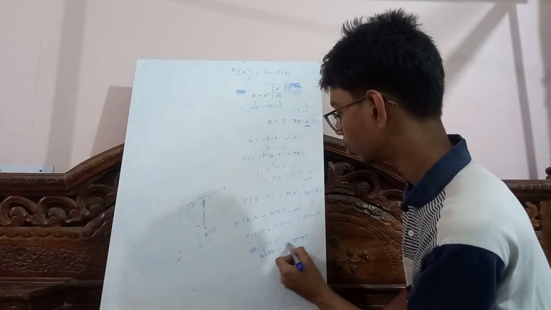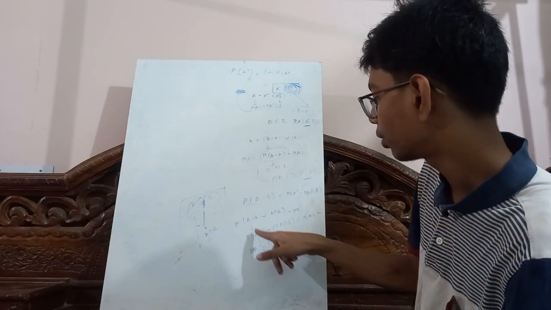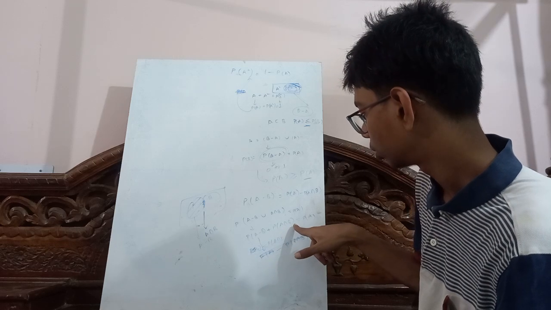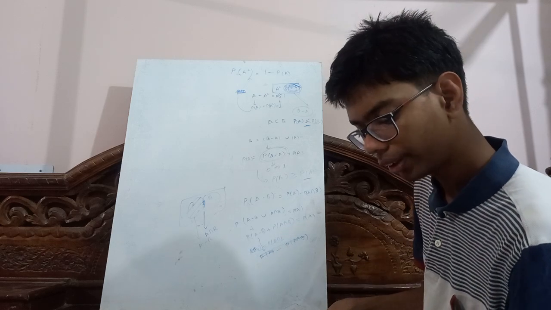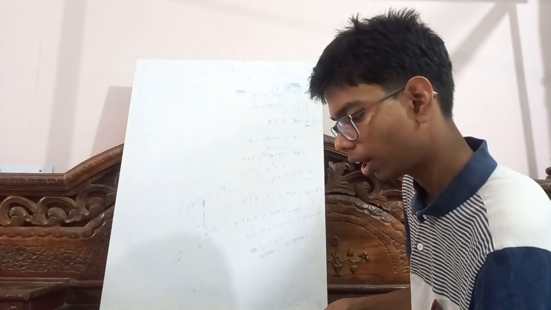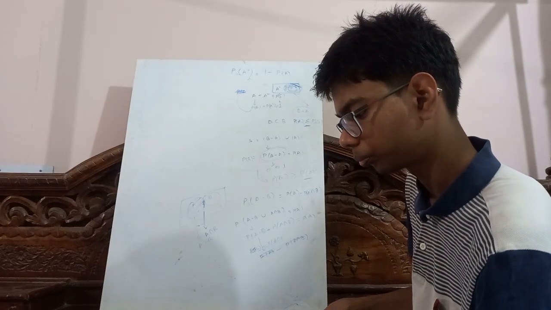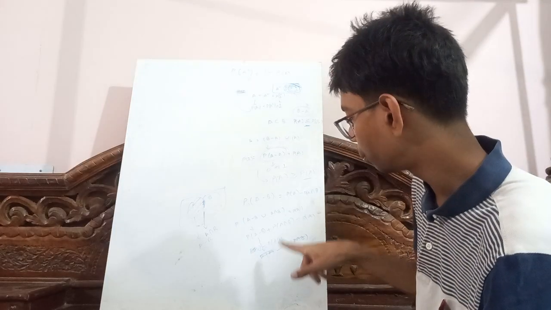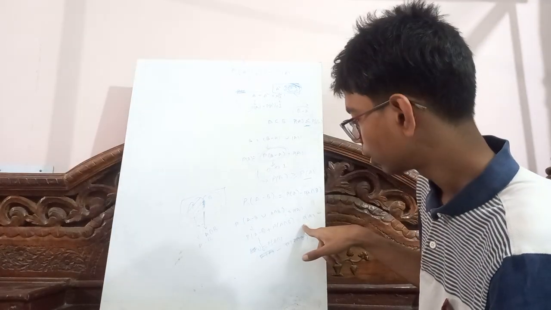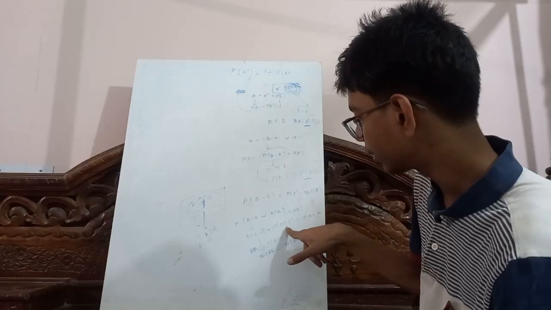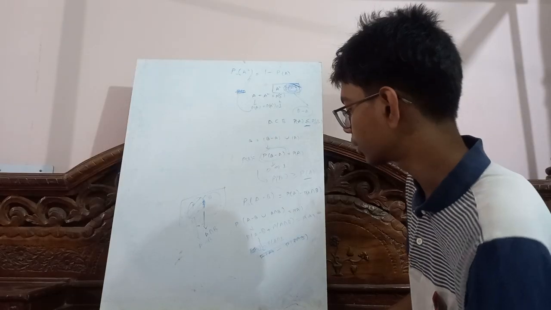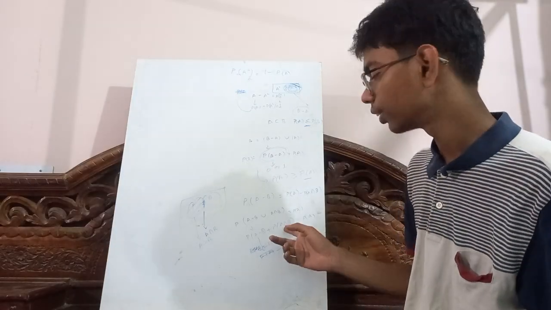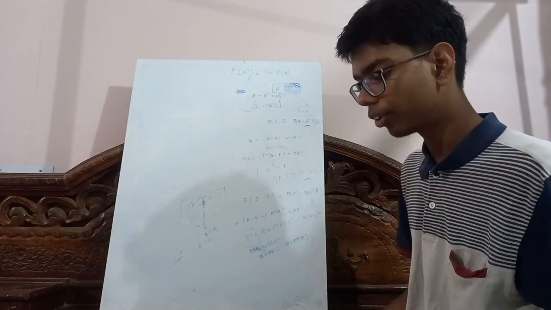Wait, this is how I wrote this, right? Okay, so this is what we have to prove actually. P of A minus P of A intersection B will give P of A minus B. So I was unnecessarily extending this, right? This is the final we wanted.